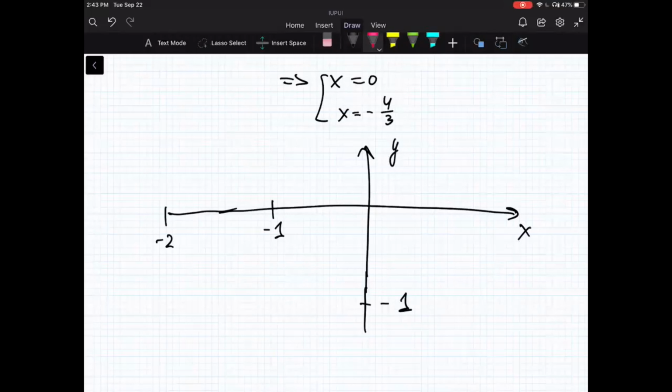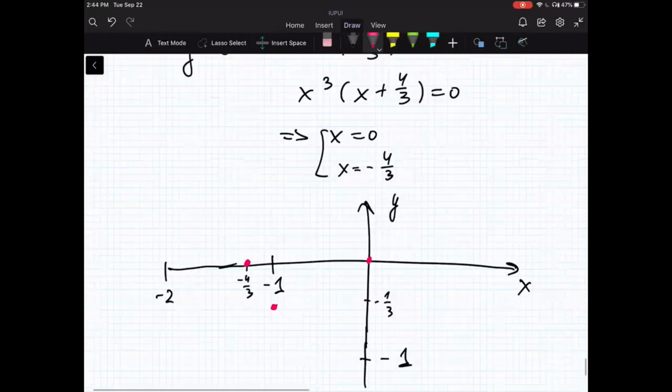So at 0, I have 0. At point -4/3, which is somewhere here, this is my other zero. At point -1, I have -1/3, which is somewhere here. Okay, let's do it here. This is another point.